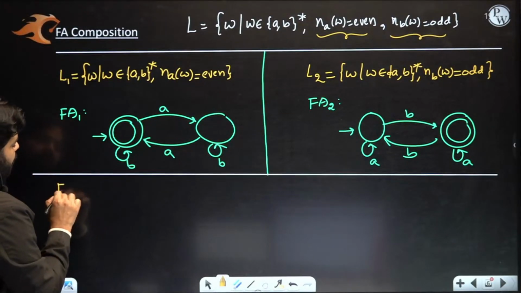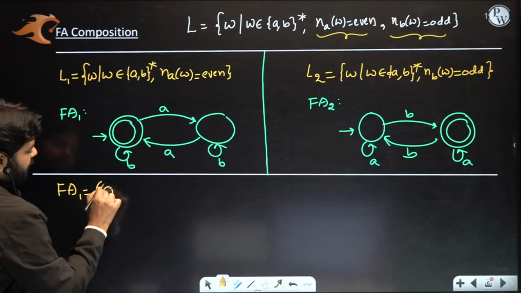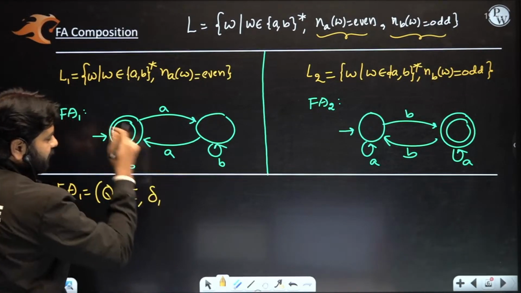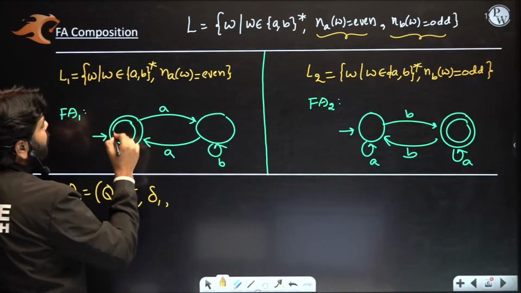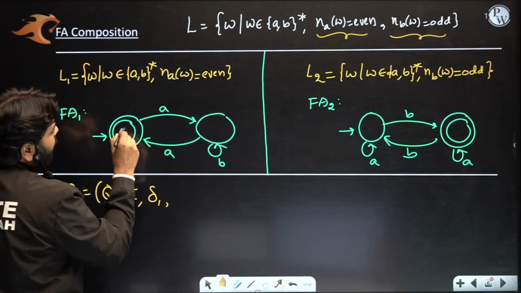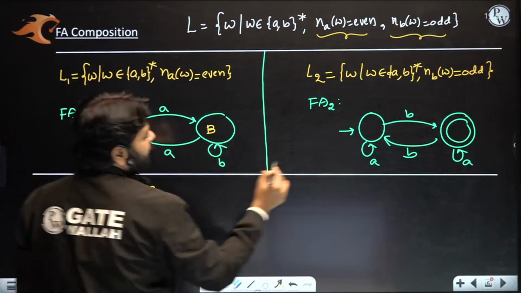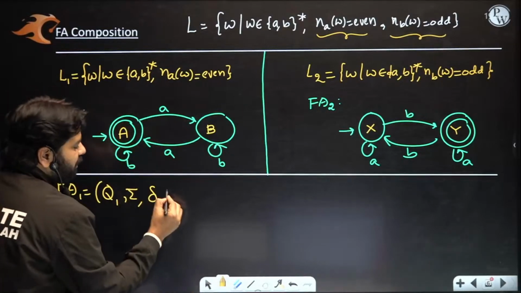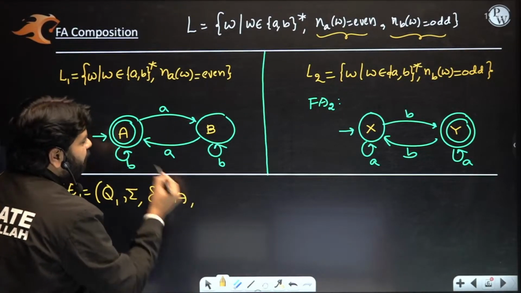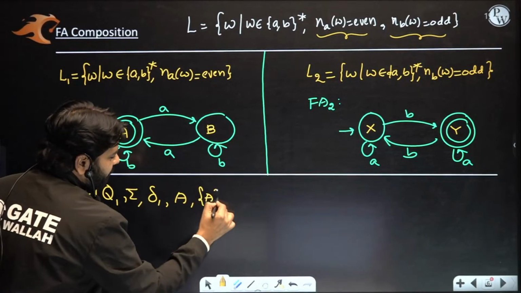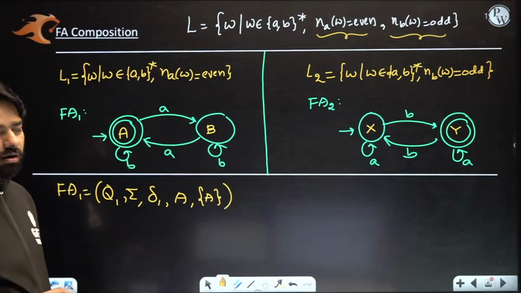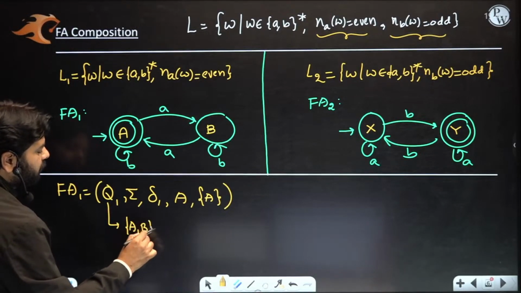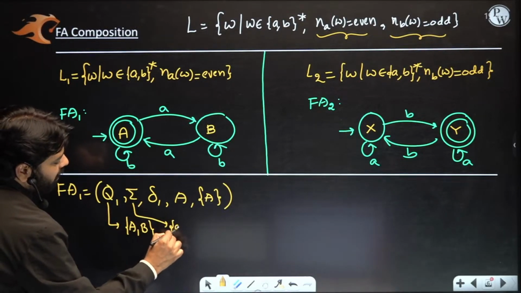See, FA1 is having the set of states here, comma, sigma is the same and delta is different here, and Q naught is, just name it something like here A, B, let's say X, Y. Now what's happening here is that the initial state is A and the final state is going to be only A. So these are the finite automata parameters. Of course Q is here A comma B and sigma is small a comma small b.